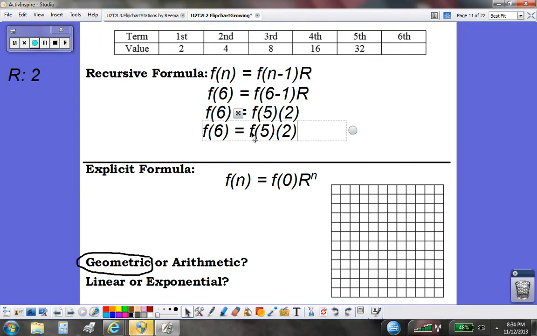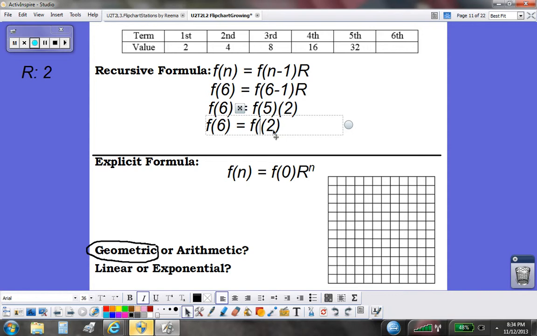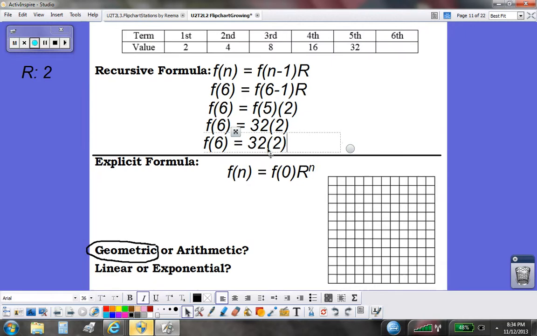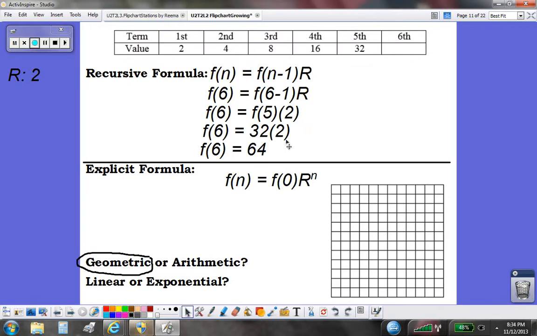So I'm going to replace f of 5 with 32. And there you have it. You have 32 times 2, which gives you 64. Okay, so the sixth term is 64. And that's obviously the pattern that we see here.